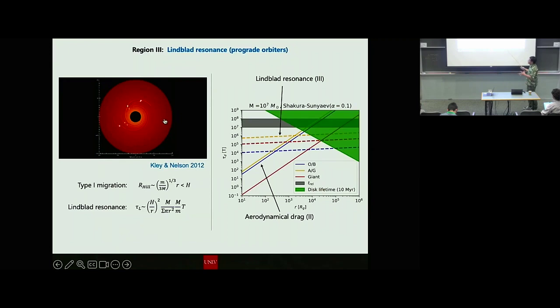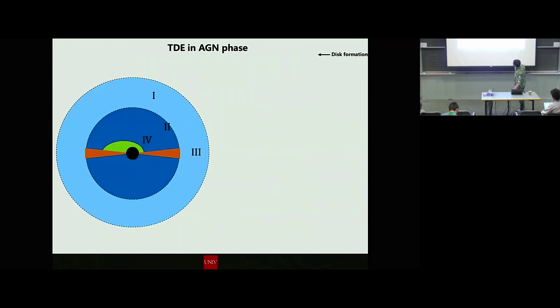So the big picture is that stars will be constantly captured from the nuclear cluster from region 3, captured in the disk, and then gradually migrate within the disk on a much longer time scale.